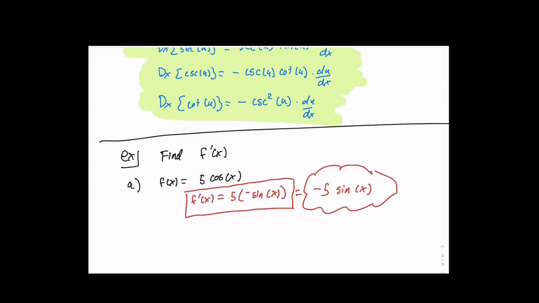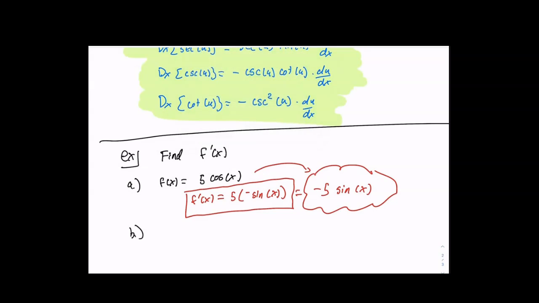So a positive 5 times a negative sine gives you a negative 5 sine of x. You'll never see the answer as 5 negative sine. Eventually, I hope you'll realize the derivative of cosine is going to be negative, so my answer is going to be negative 5. You'll see me often jump from here to here, but utilizing the rule, looking at the rule and copying it down, that's what we need to be able to do, just what Farida had just done.